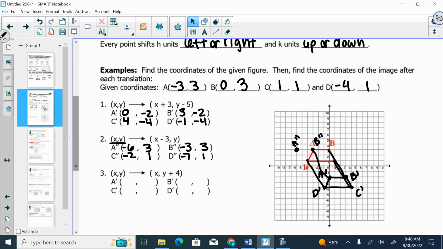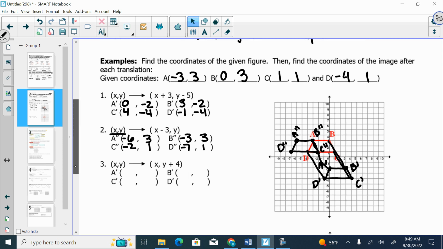I've got -2, +1 as my C double prime, and -7, +1 for my D double prime. So again, I'm going to have a point from the original pre-image that maps to this new image. Right?